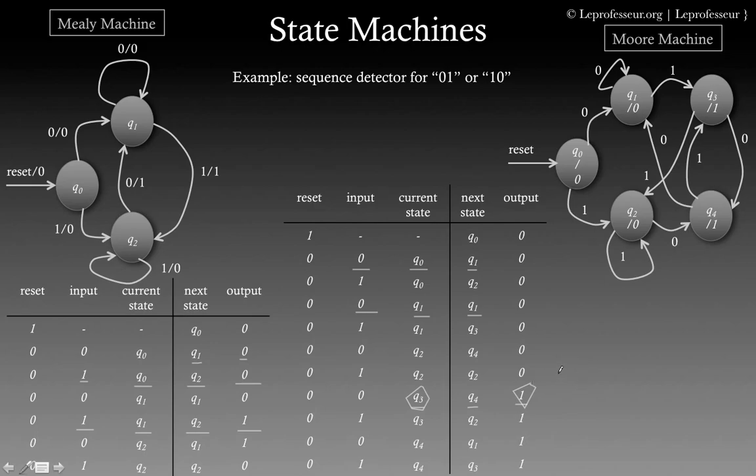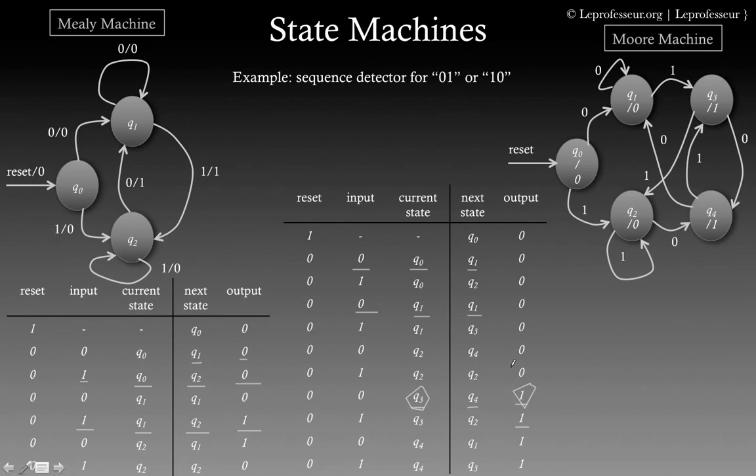An output will be produced on the next clock edge, meaning our state machine will go into the next state. Same way we can fill up entries for, let's say, Q3 and input is 1. We are in Q3, input is 1, we move to the Q2 state, and in Q3 we output 1.